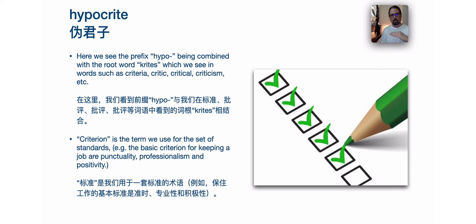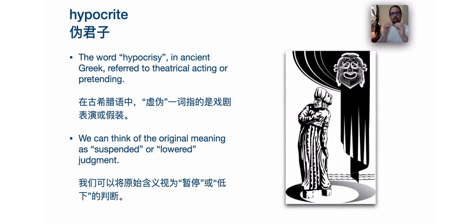When we're being critical, we are judging something according to the ideal set of standards. And when the prefix hypo is added to crit, we get hypocrite, a person, and hypocrisy, the noun describing the idea behind why a person is hypocritical.